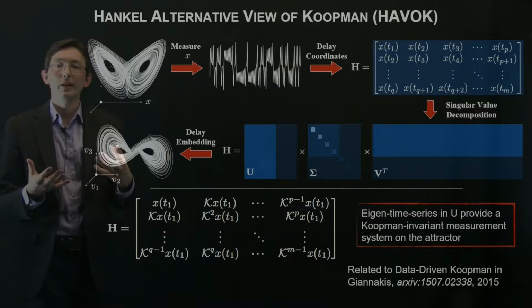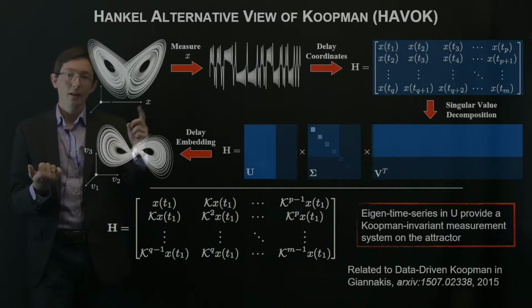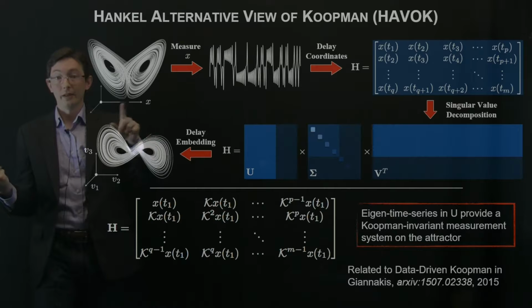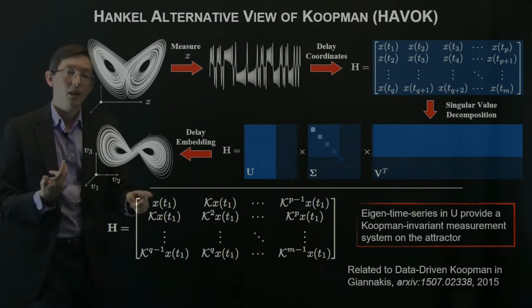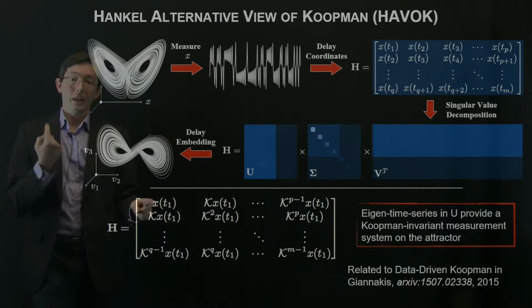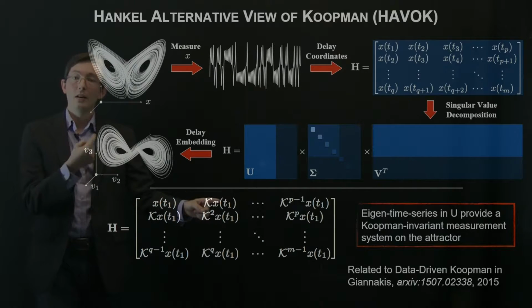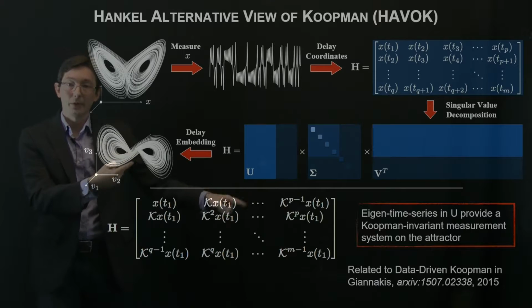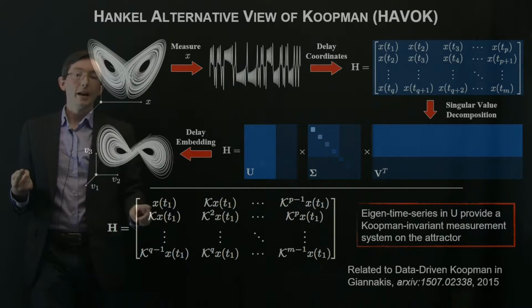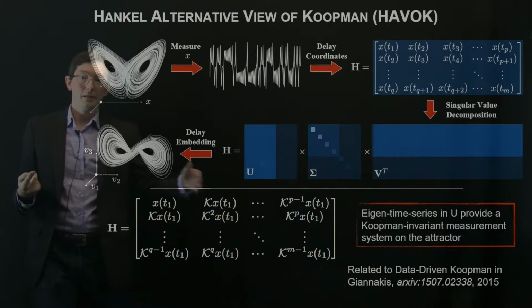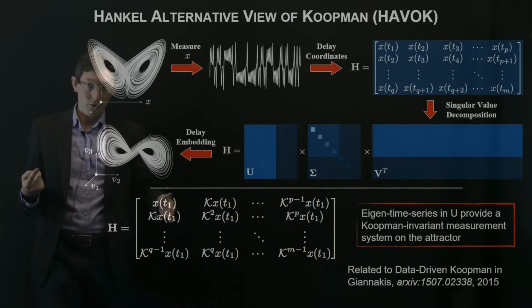Remember, Koopman acts on measurements of the state, and this is just a measurement of the x component of the state. So I can take x at time 1. If I hit it with Koopman, I get x at time 2. If I hit it with Koopman again, I get x at time 3, and so on and so forth. So I basically get this series of increasing powers of the Koopman operator applied to x at time 1.